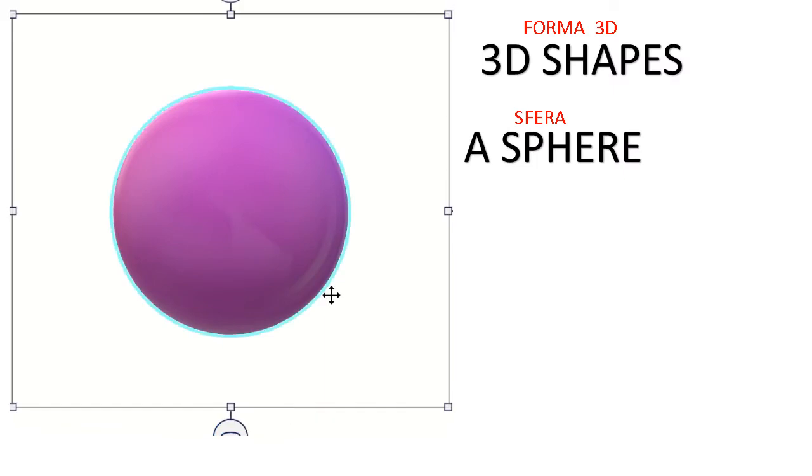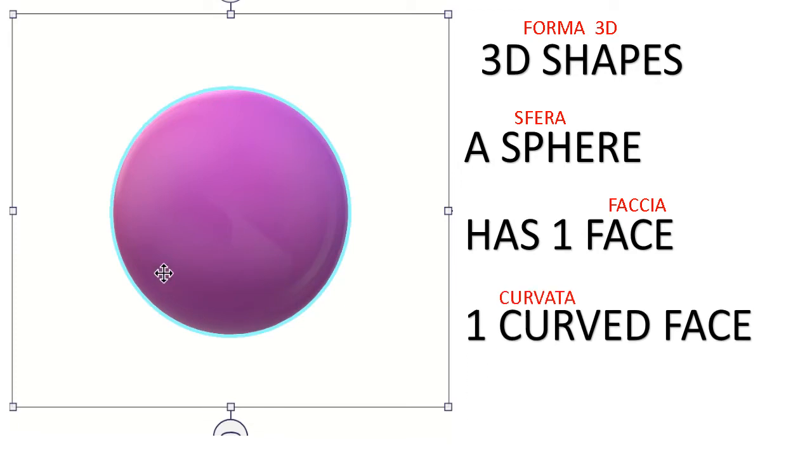A sphere is like a ball. We can look at it and turn it around, but it always looks like a circle. Of course, it is one face, and it is curved, not flat.